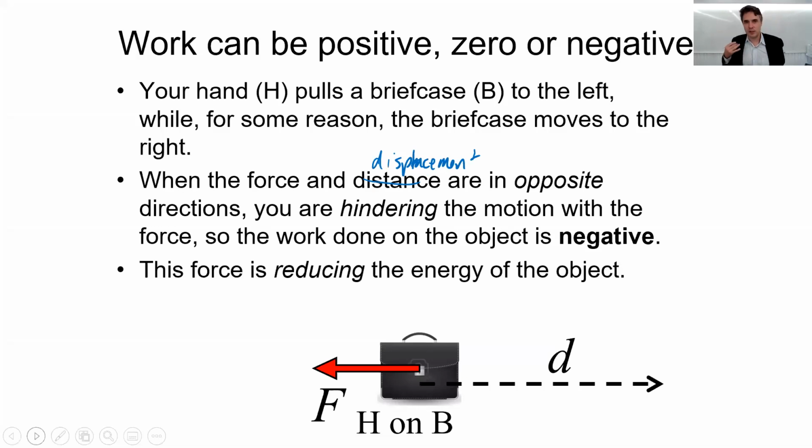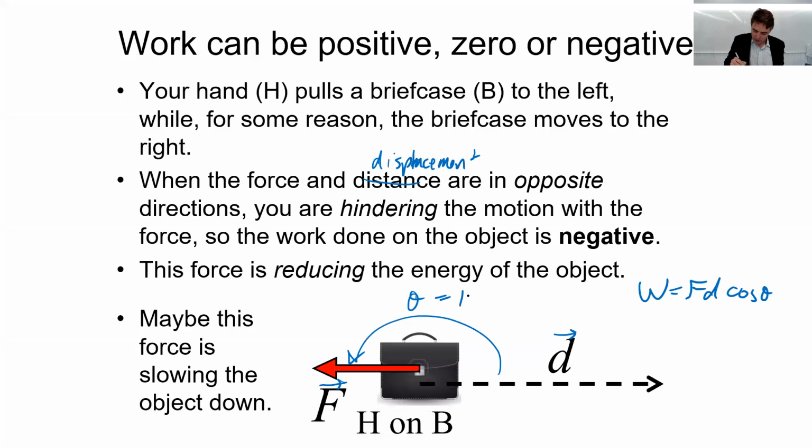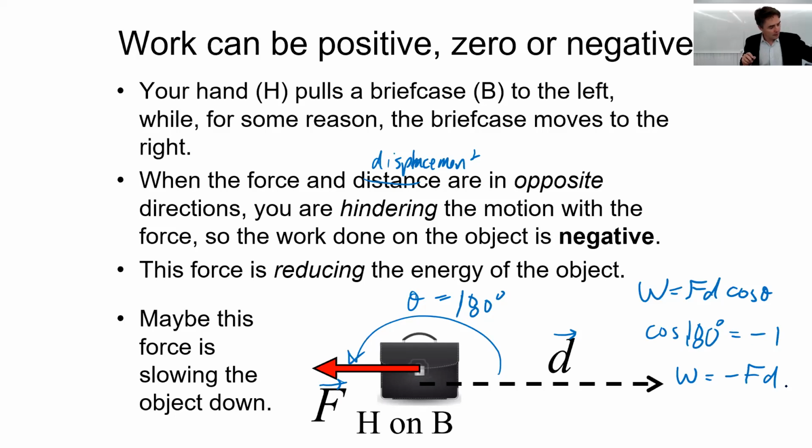The force is reducing the energy of the object, maybe slowing the object down. So once again, looking at the equation with cosine theta, if D is to the right and F is to the left, then the angle theta is 180 degrees. It turns out that the cosine of 180 degrees is equal to -1. So work equals negative F times D.